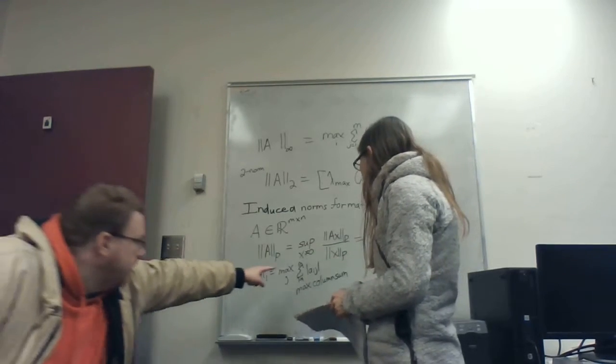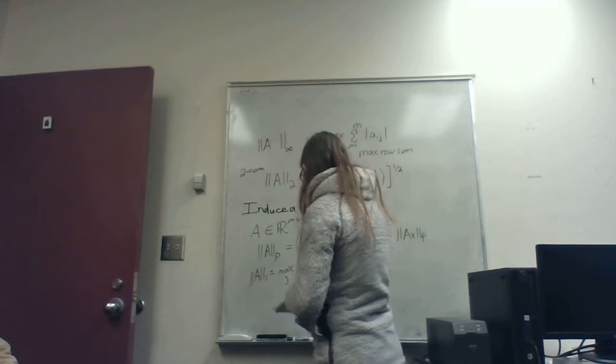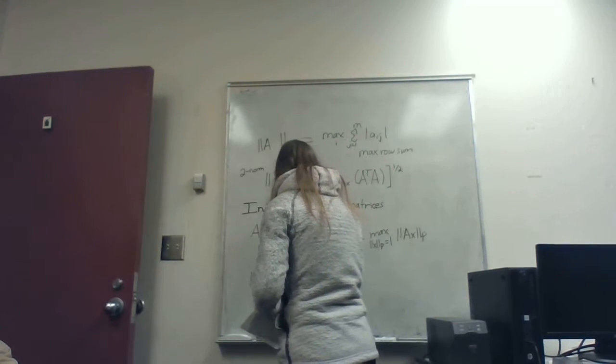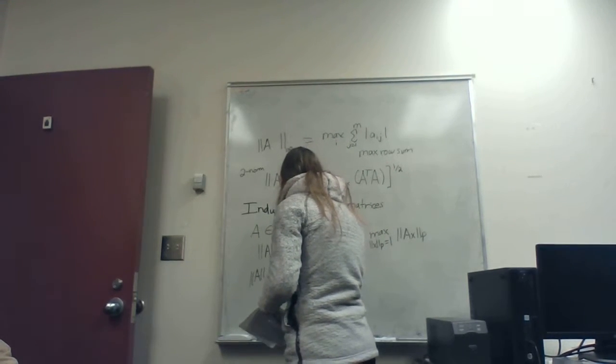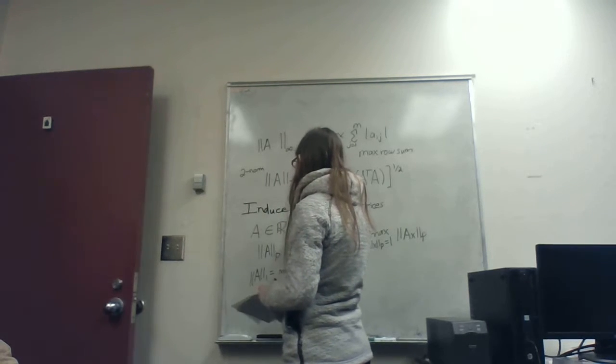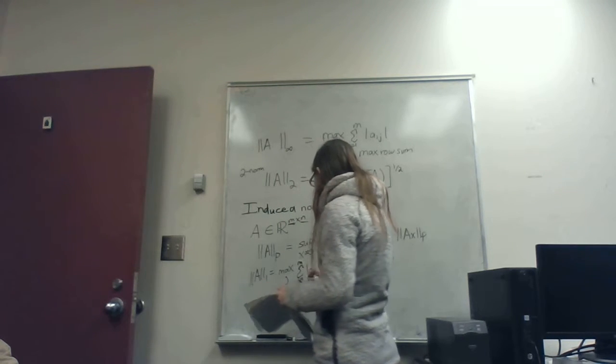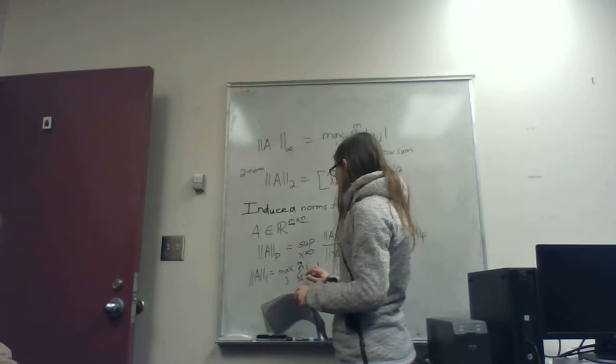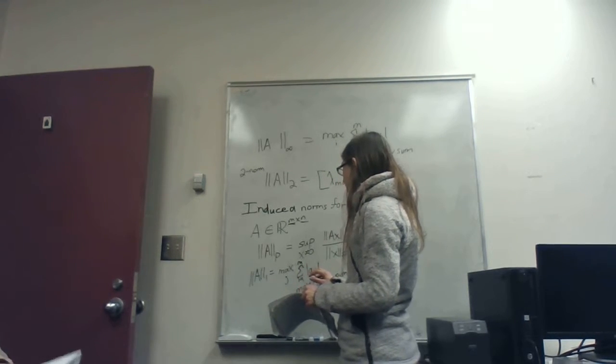Is this an M or an N? Oh, up here? Good question. Over M. So this is related to the M by N matrix, so there are M rows.